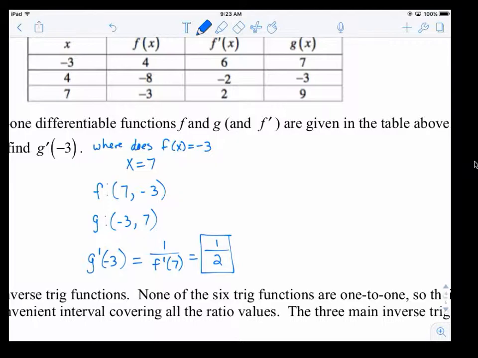So this negative 3 is technically a y value for f of x, and then they just switch for the g function. So where does f of x equal negative 3? It's at 7, right? So you know that f of x has a point at 7, negative 3, and then g is just the opposite of that. All right?